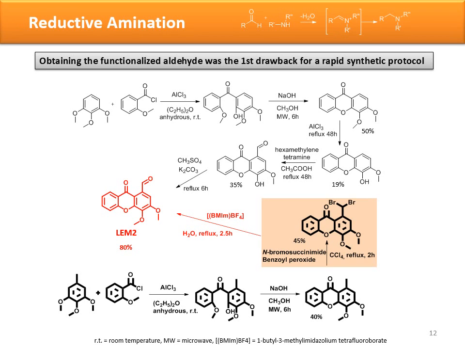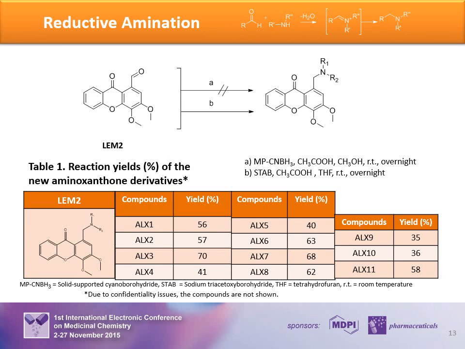Surprisingly, we directly obtained the desirable aldehyde in a very clean, high-yielding and fast reaction. And we believe that this follows a solvolytic displacement. Finally, we proceeded with the reductive amination protocol with solid-supported cyanoborohydride in methanol, and what we obtained was the alcohol.